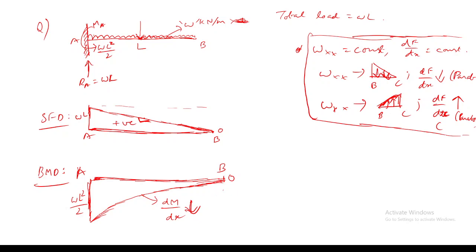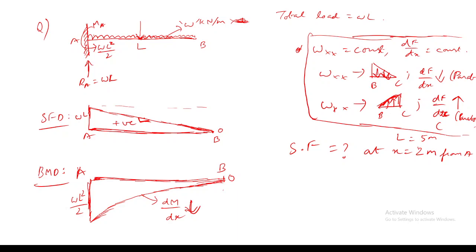For this particular problem, if they are asking what is the shear force at x equals 2 meters from A, let L equal 5 meters, then what will you do at this point?